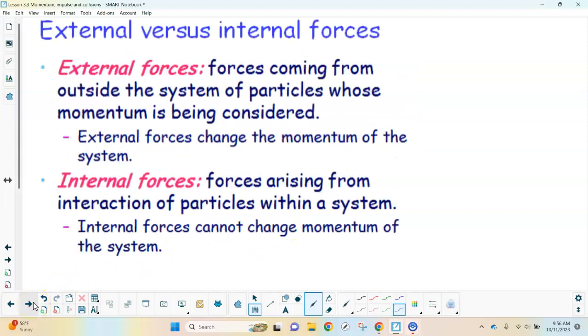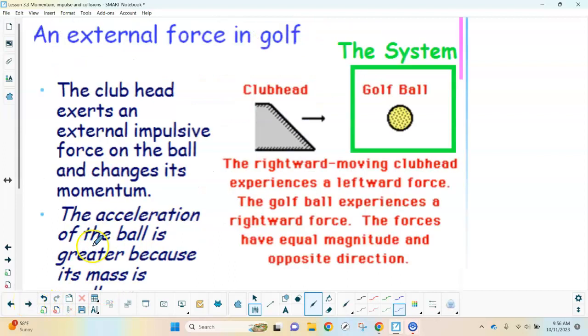Okay, so the key to think about this and make sure you understand it is external versus internal forces. External forces can definitely change the momentum of a system, but internal forces cannot because they're containing the momentum within them. So here are two examples to distinguish between those. Imagine a golf ball on a tee. The golf ball is our system, so that's the thing we're worried about the momentum of.